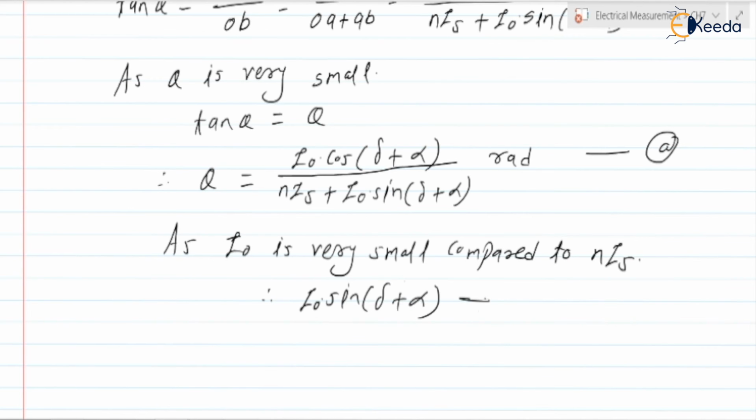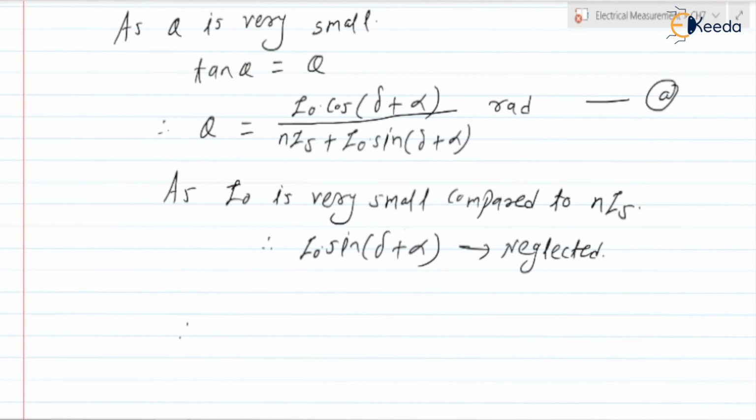Therefore we neglect it. So theta is approximately equal to I0 into cos of delta plus alpha, divided by N into IS only.